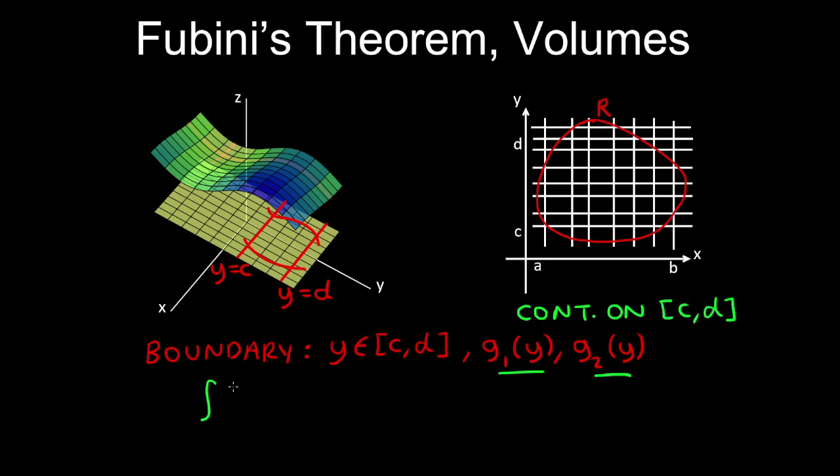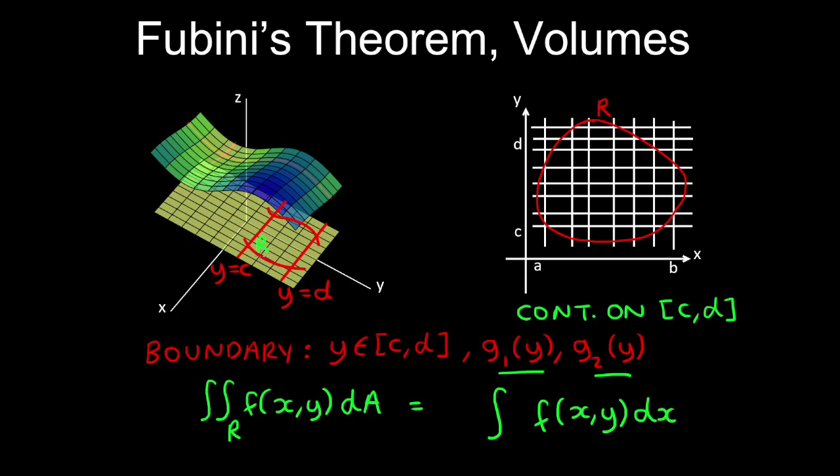Then we can evaluate a double integral of a continuous function of two variables over the area of this region using iterated integrals. So what we can do first is integrate the function with respect to x. So essentially taking a cross section that touches these two curves and it's bounded above by the surface. So it looks something like this. So we're breaking up this cross section into thin rectangles along the x-axis, and integrating with respect to x.